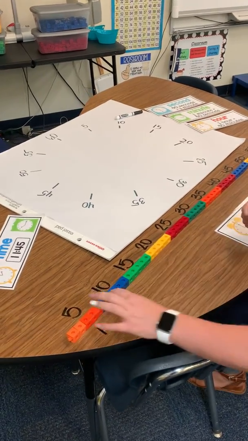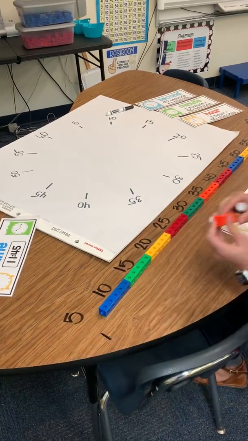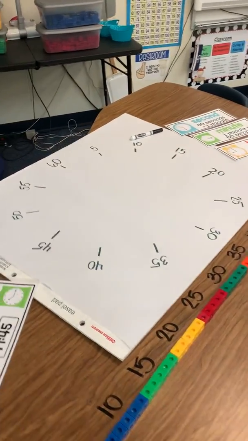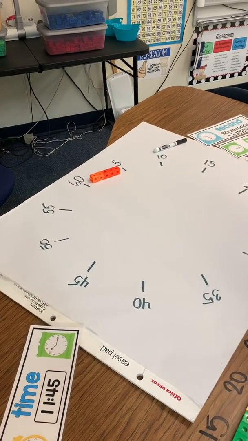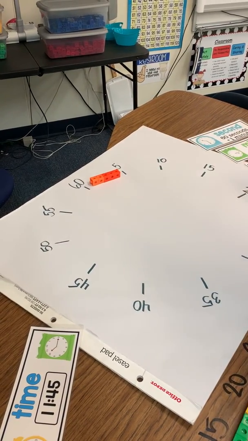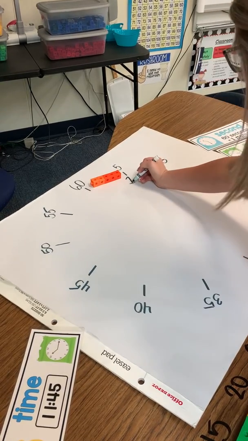So I'm going to show you this. I'm going to take this orange group of snap cubes off, and I'm going to start to make our analog clock. These 5 snap cubes would start our clock, and we would represent that with the number 1.